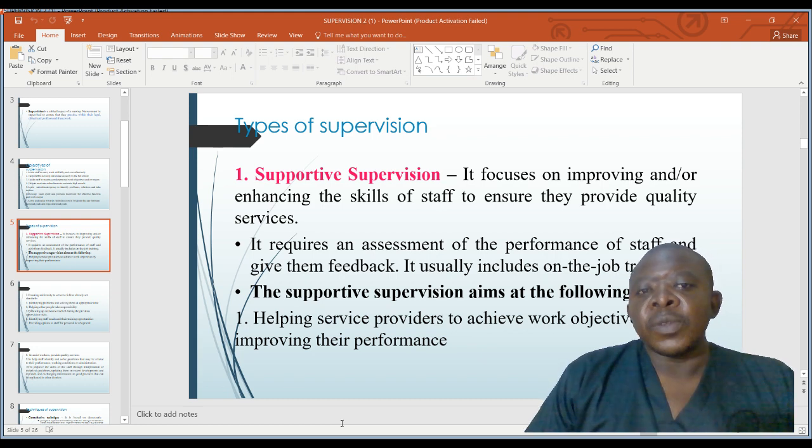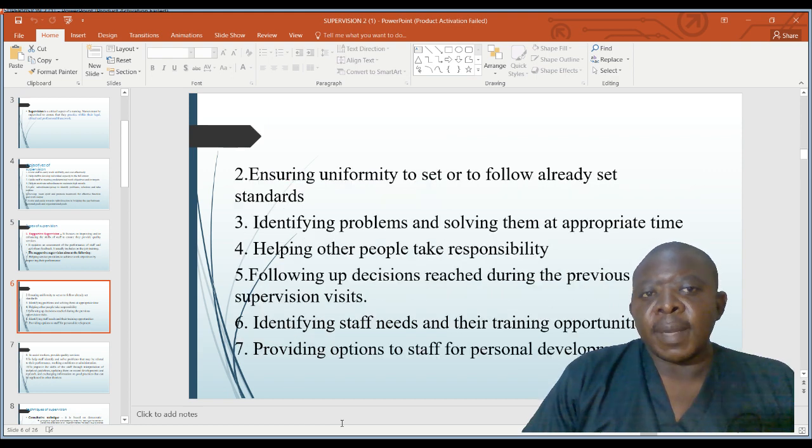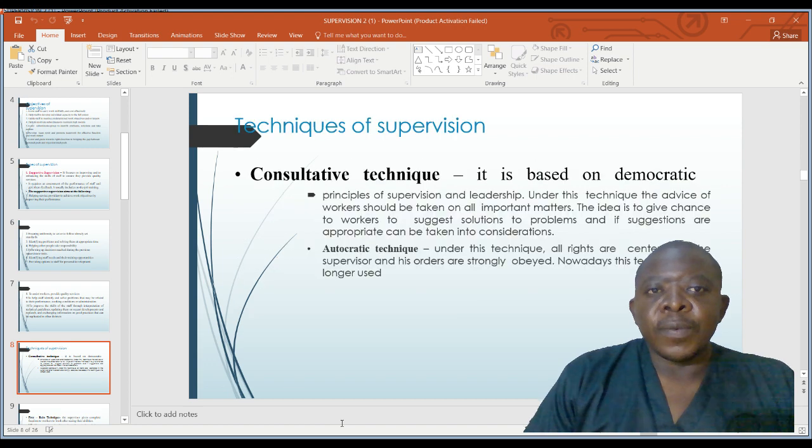We also talked about how it requires assessment of the performance of staff and giving them feedback. Supportive supervision aims at ensuring uniformity, identifying problems, helping other people, taking responsibility, and the like. We discussed about 10 of those aims.